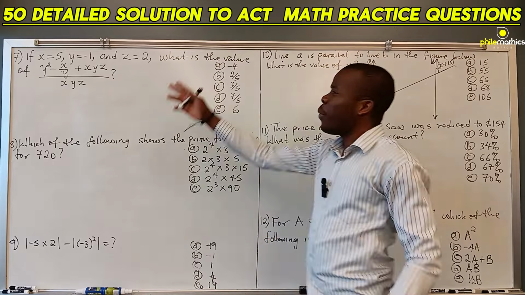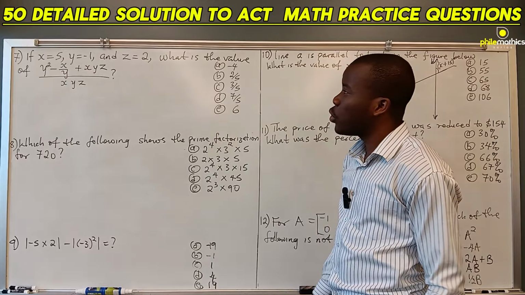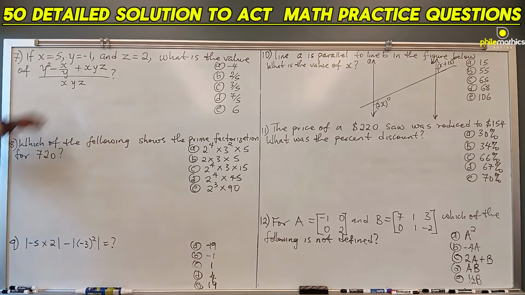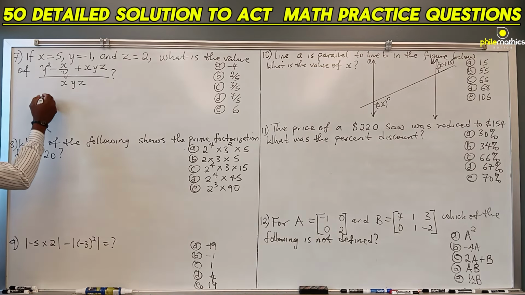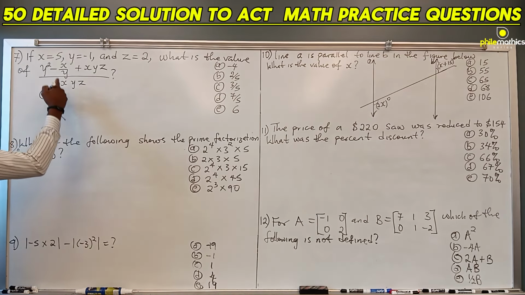Question 7 says, if x is 5, y is minus 1, and z is 2, what's the value of this rational expression? So we just substitute. y is minus 1, and so minus 1 squared minus... x is 5, y is minus 1.